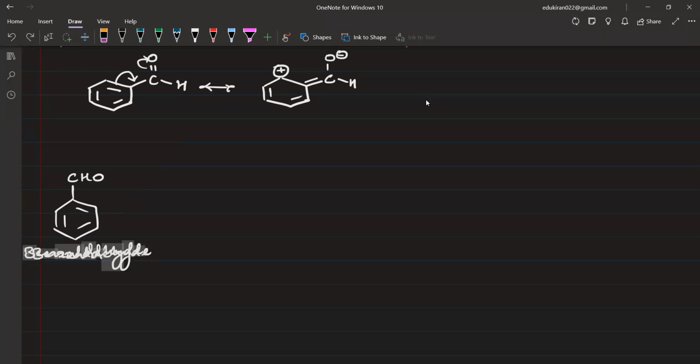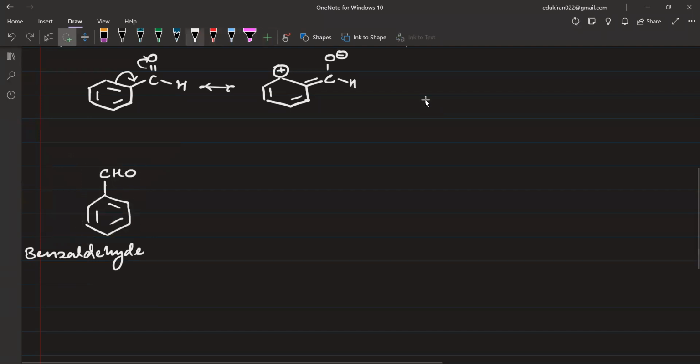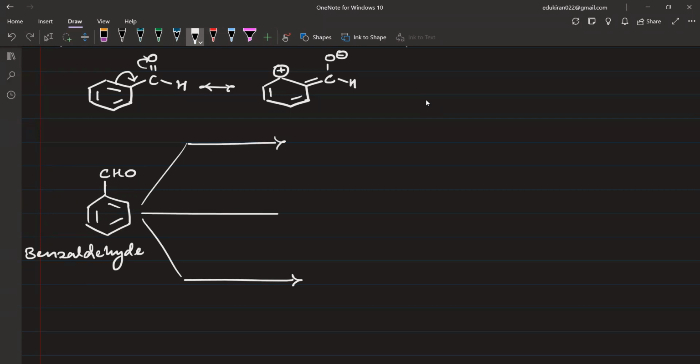It gives chlorination, it gives nitration, and it also gives sulfonation. In the presence of chlorine and FeCl3, it gives meta substituted Cl, and the CHO is as it is.